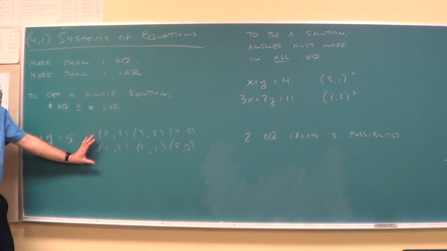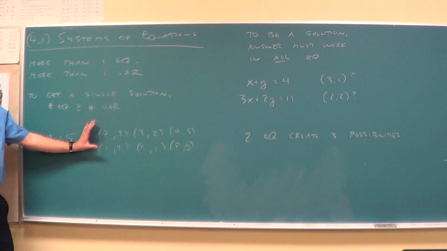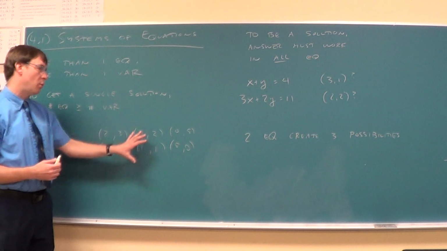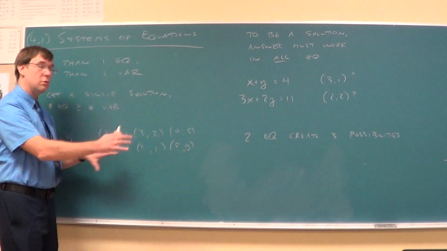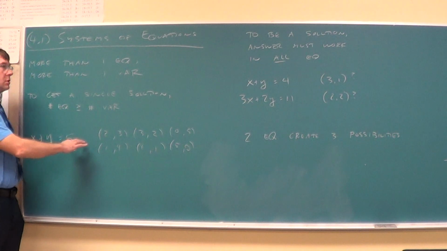And I explained to you, there's only one math tool that can show you all those answers at once. What's the one math tool that we did a lot last chapter? Graphing. Graphing is the only way you have right now that can show you all of those answers in one swoop. But there's an endless amount of answers.